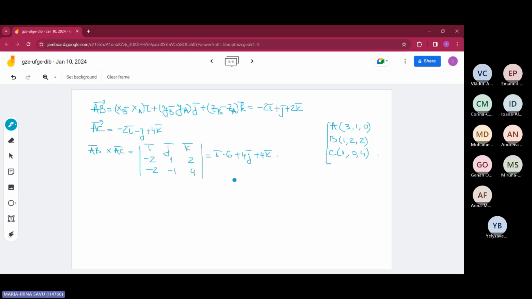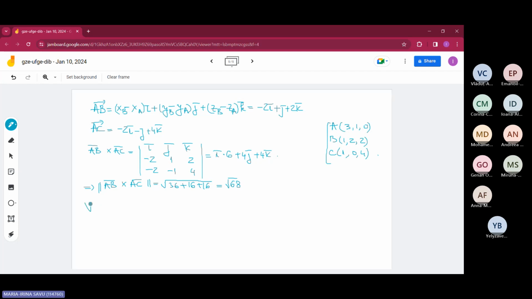Have you obtained the same result? Yes. Okay, so the norm of AB cross AC is square root of 36 plus 16 plus 16, which is 68.